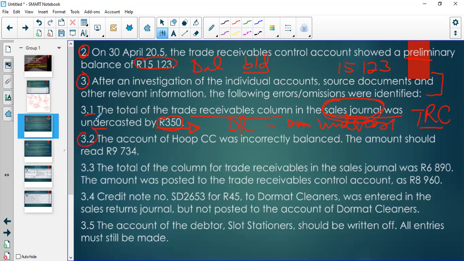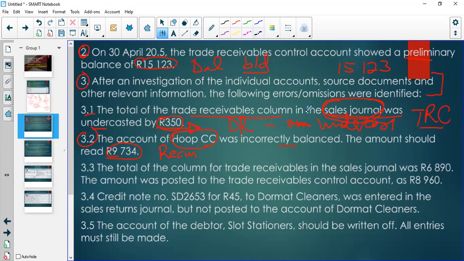Then another error is the account of Hoop was incorrectly balanced. The amount should be this. So this is going to be in the reconciliation because it's an error affecting an individual list, right? And not the totals that we have. Remember, we went to his account. We tried to balance Hoop's account. That is where we made a mistake.